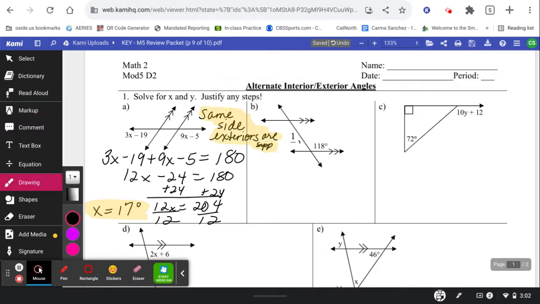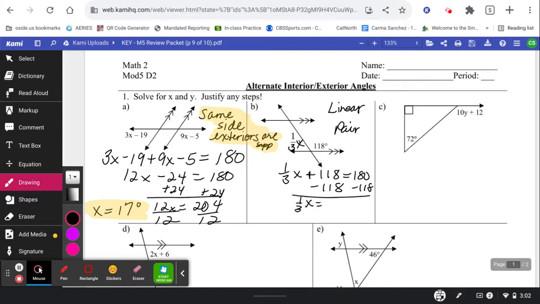Okay, the next one, do you see how a number got cut off there? This is actually supposed to be a 1/3 x on this angle and then 118 on the other. So 1/3 x and 118, do you see that that forms a linear pair? So we're going to add those up and equal it to 180. 180 minus 118 is 62.